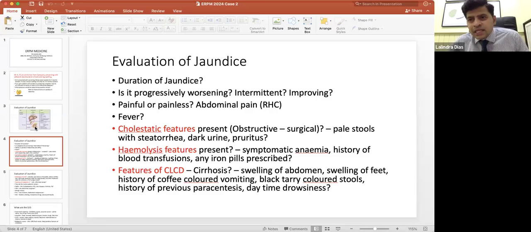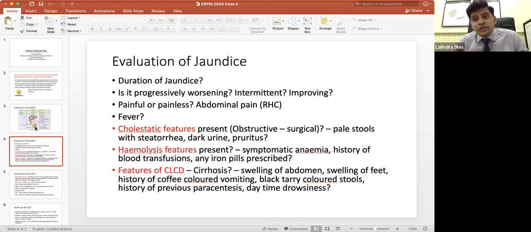Why these smelly bulky stools? Smelly bulky stools can be due to impaired lipid digestion and absorption. Steatorrhea. Because bile is important for lipid digestion and absorption. So due to lack of bile, your lipids won't get digested, and won't get properly absorbed. So there'll be a lot of lipid fat content in your stool.